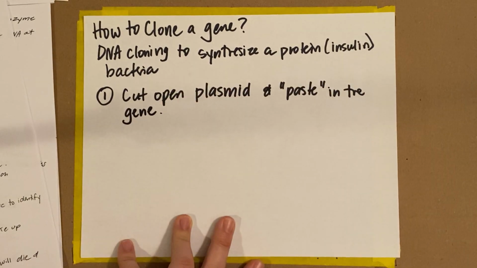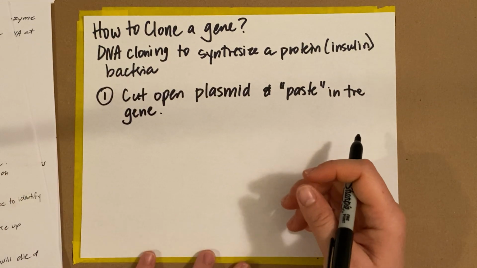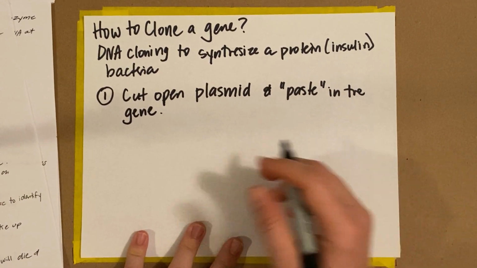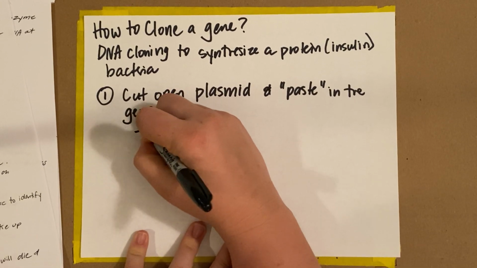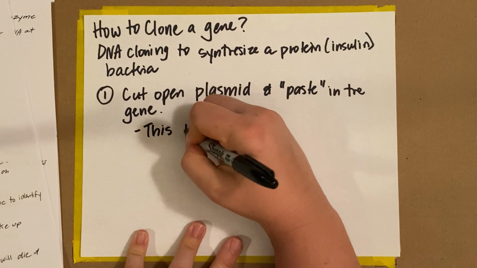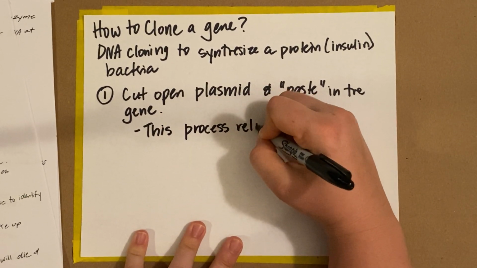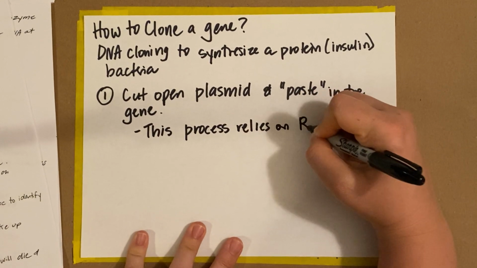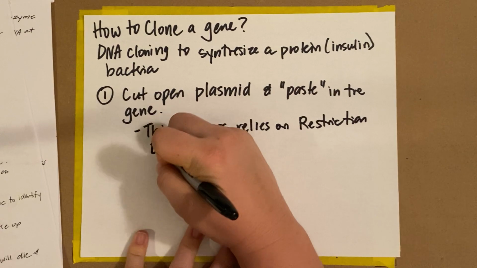Okay, now this process requires something called restriction enzymes to actually cut open the plasmids. And so in this week's lab, we talked about restriction enzymes. So let me just write this: the process relies on restriction enzymes.